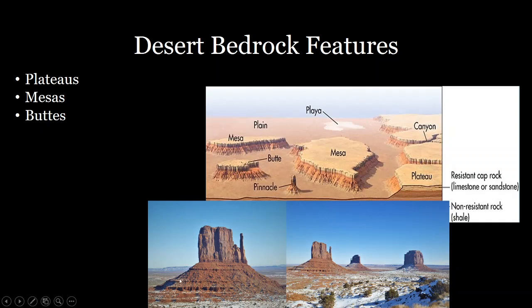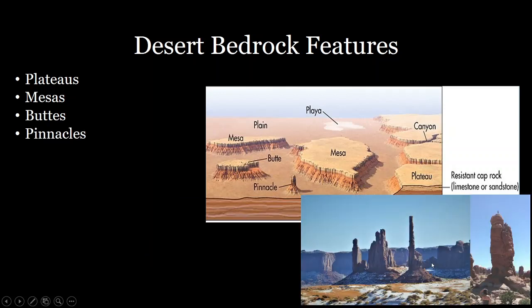Eventually this mesa will erode away and form a butte. A butte, like these ones, photos that I took from Monument Valley, has eroded away until it is pretty much as tall as it is wide. They're eroding from the sides and eventually form these smaller towers. This can get to extremes in pinnacles.